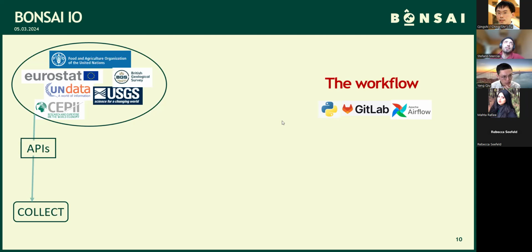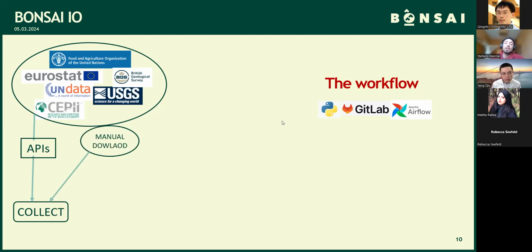For us, it's very important to use these very robust data sources. And we are creating some APIs so that we can parse this data directly from the website. This is our collect phase.